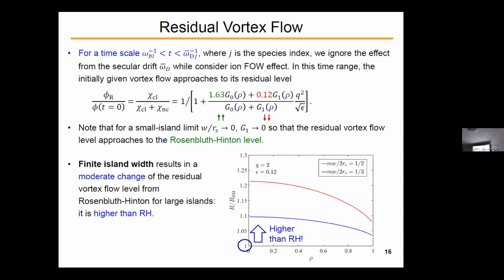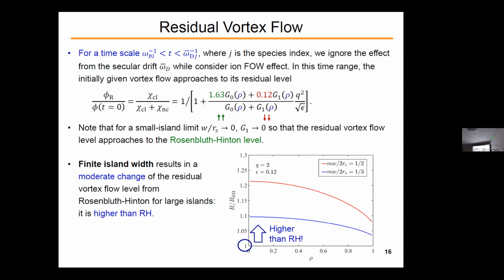So the analytic calculation is about the same level as the Rosenbluth-Hinton calculation, and this G1 term is the modification that comes from the fact that the K vector of the vortex flow inside the magnetic island has non-zero n and m number.